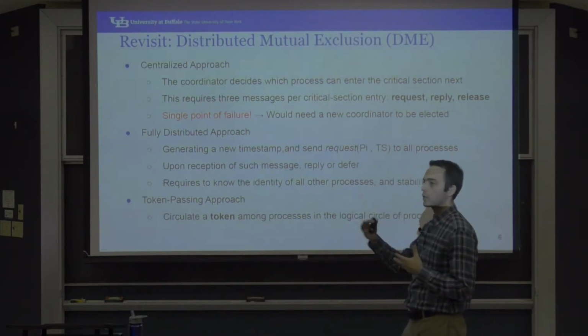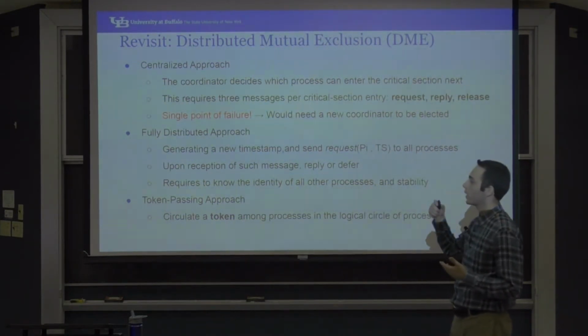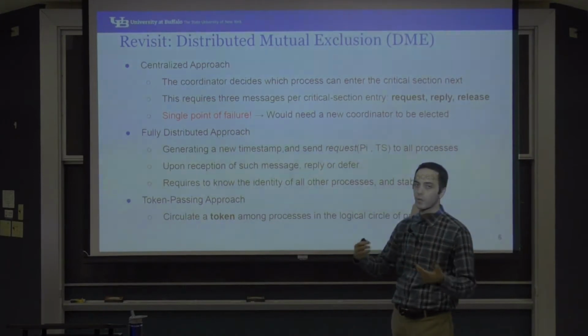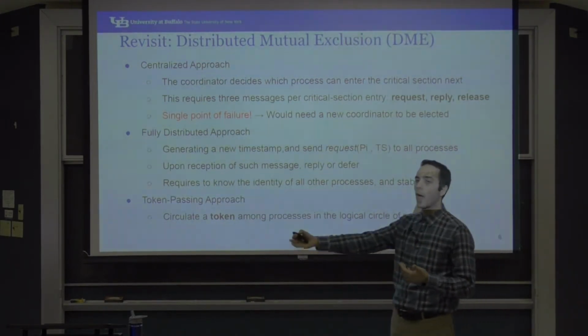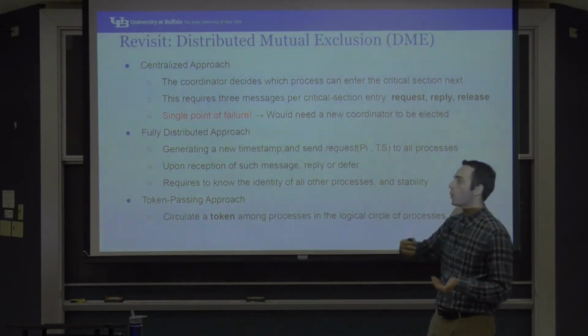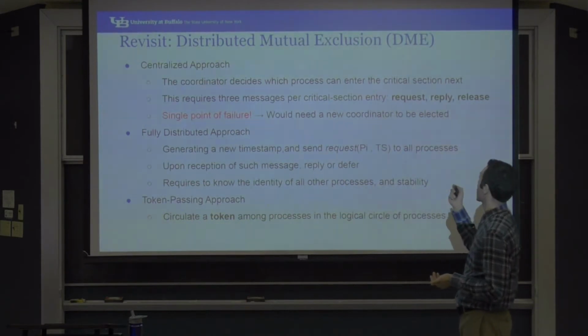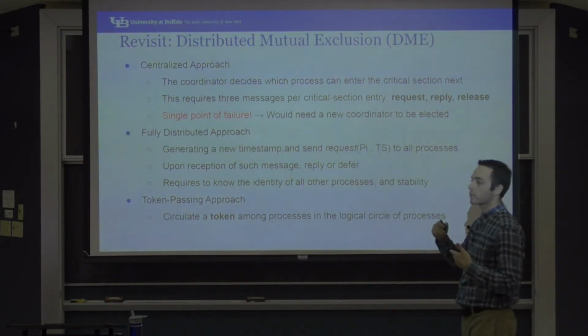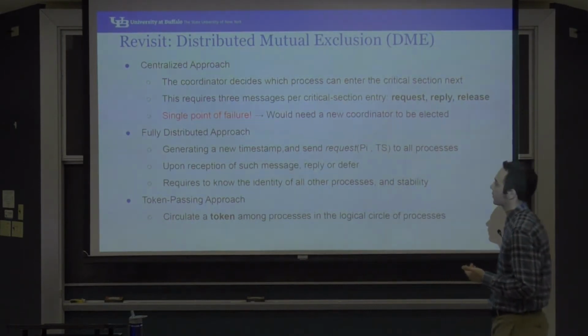Anyone who wants to enter the critical section tells the coordinator through a request. Based on the order in which the requests are received, the coordinator can keep a queue and allow them one by one to enter their critical section. Once a process exits its critical section, it sends a release, and the coordinator can then tell the next one in the queue to enter.